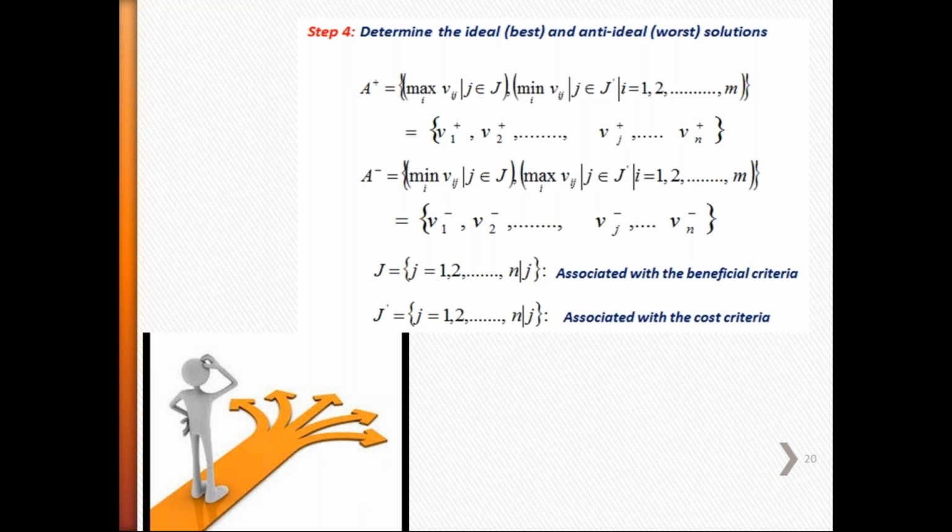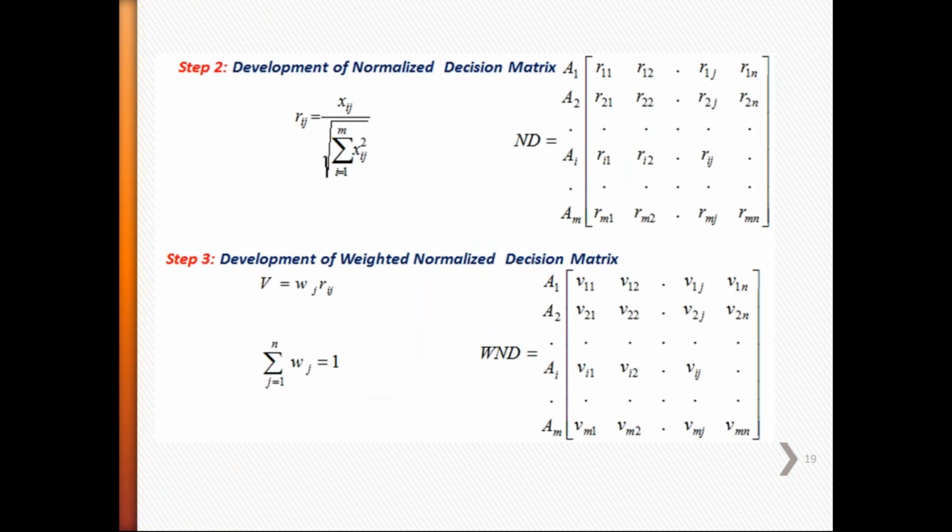That means you follow the first column, j is 1, that is criteria C1, and i is varying from 1 to m. That means V11, V21, Vi1, Vm1.